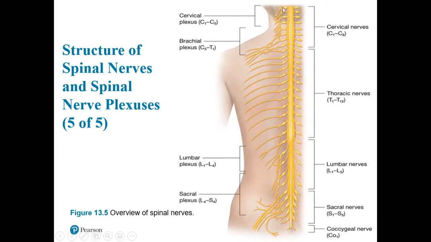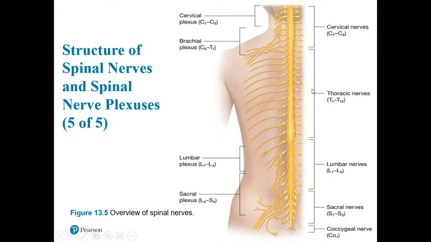So these 8 pairs of nerves originate from the cervical region, and those are cervical nerves, so 1 through 8. Right, so 1, 2, 3, 4, 5, 6, 7, 8. On one side, right? On the other side, there's another 8. So really, it's 8 pairs of cervical nerves. We'll get into the functions of them in a bit.